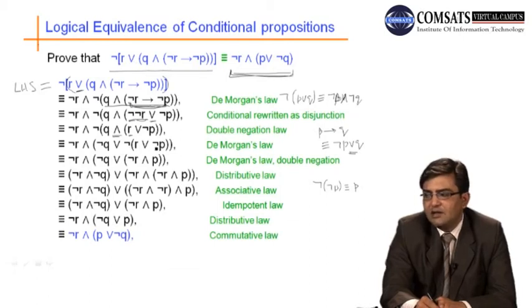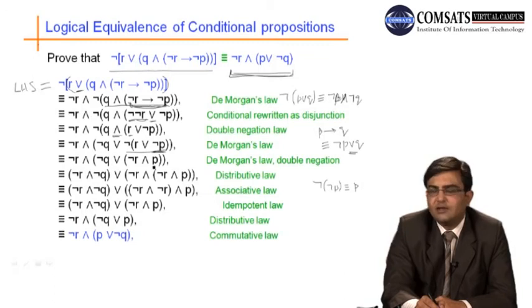Again we apply De Morgan's law on this expression, not R, this disjunction operator will be converted to conjunction operator, and we have here not of not P. Here again we shall apply the double negation law and we shall obtain P. So here now we have not Q or not R and P.